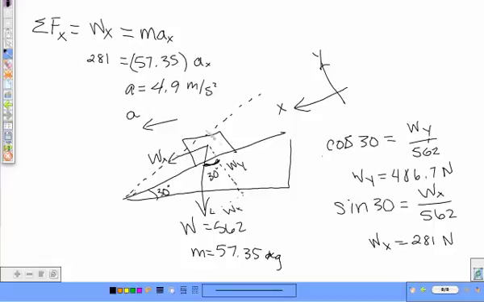So now, what would WX be? 562 times sine of 66. 513.